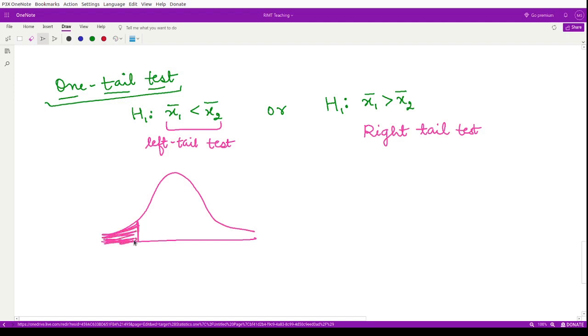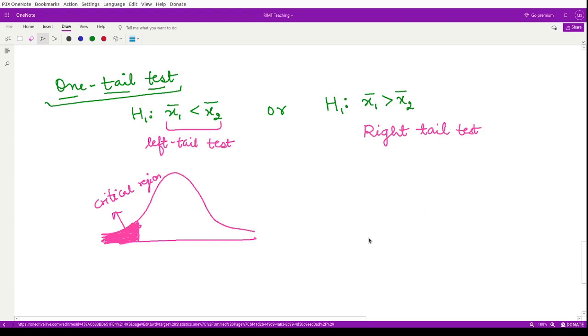So we only have this left shaded region as our critical region. We will reject only when the value lies within this region, and otherwise we will accept the null hypothesis.